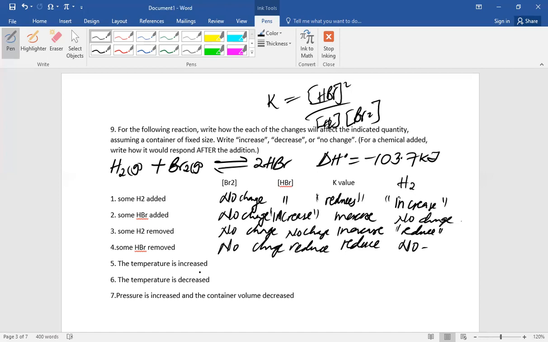This also depends on whether the reaction is exothermic or endothermic. We can take this reaction as exothermic.